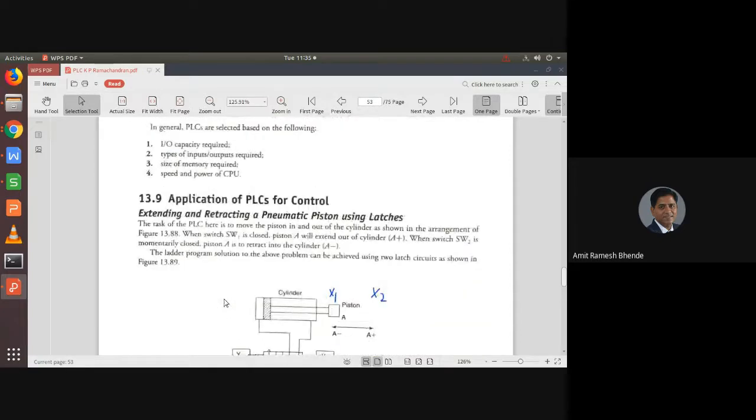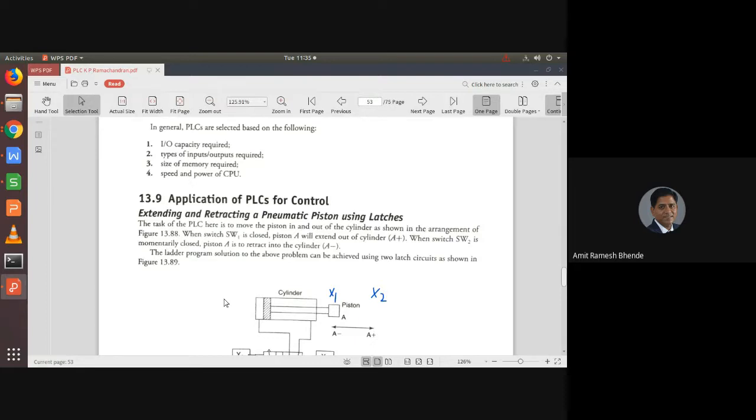Now we move on to some of the applications of the PLC. Okay, we will take various situations, and for that situation, we try to develop the ladder program. So from here onwards, you can take these applications as numericals. Here you can see that this is the first numerical.